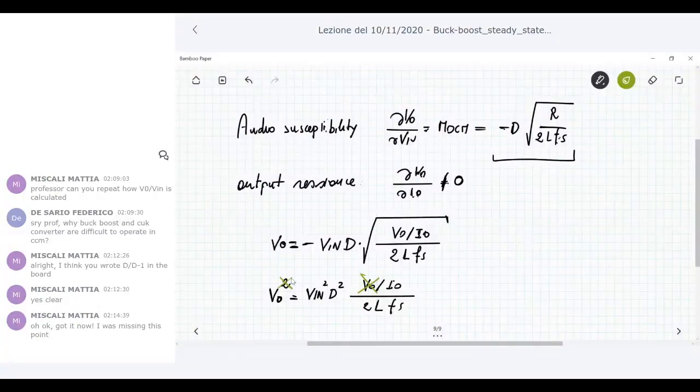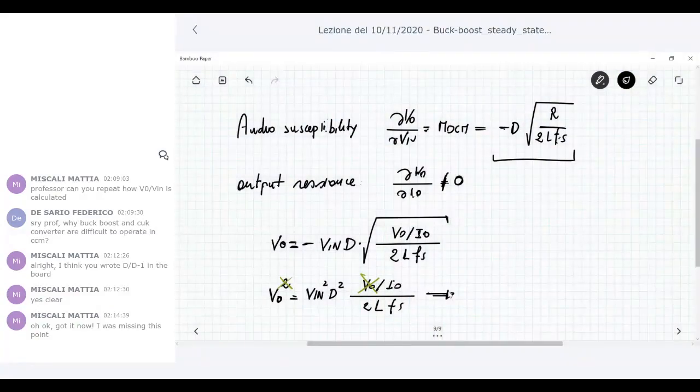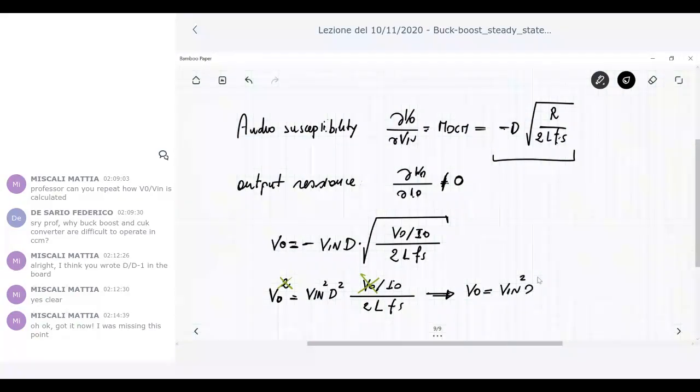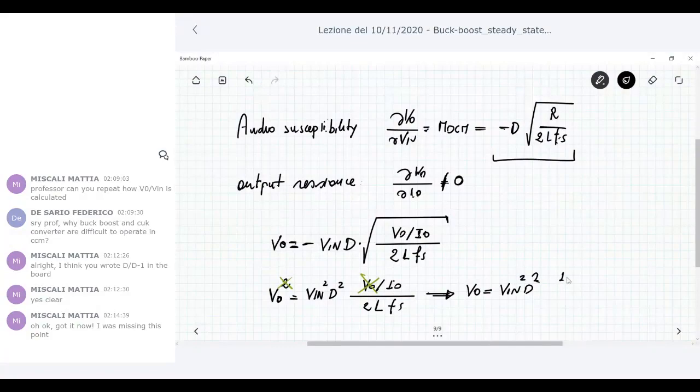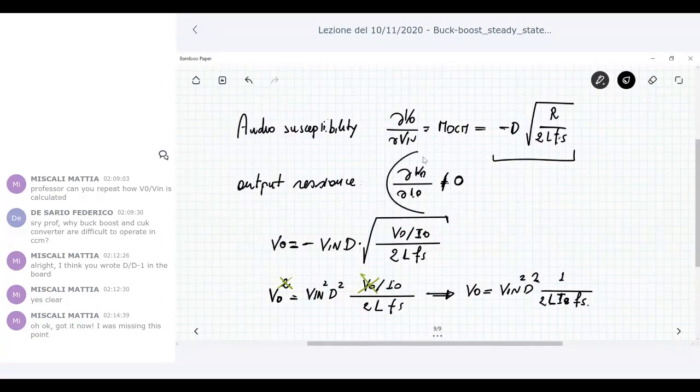Simplify V naught here with this one, so you can have V naught, which is V in square D square, 1 over 2L, then you have I naught Fs.